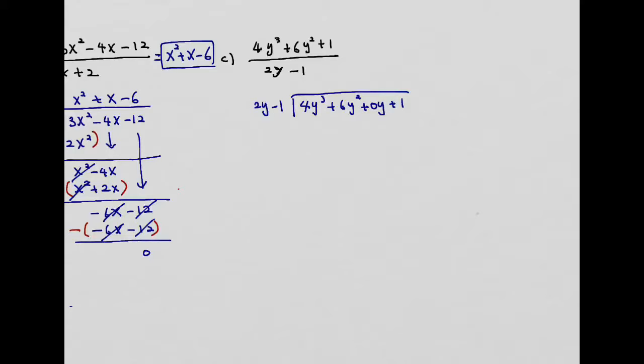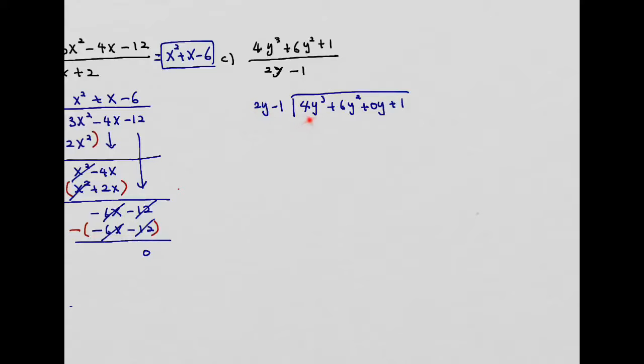Once you set your problem into long division, you want to look at what you need to multiply into the first value to make 4y cubed, right? Because you want to start by getting rid of one term at a time. So what do you need to multiply 2y by to make 4y cubed? 2 times 2 is 4.